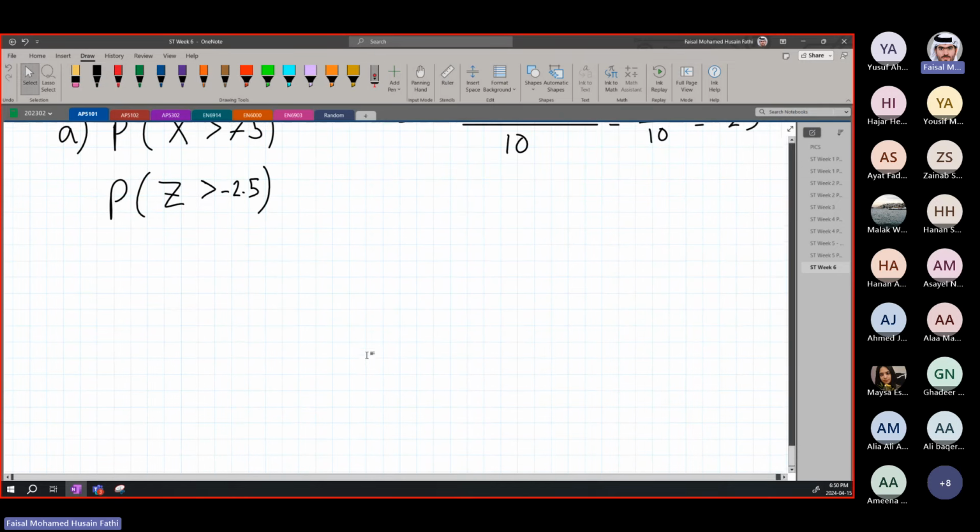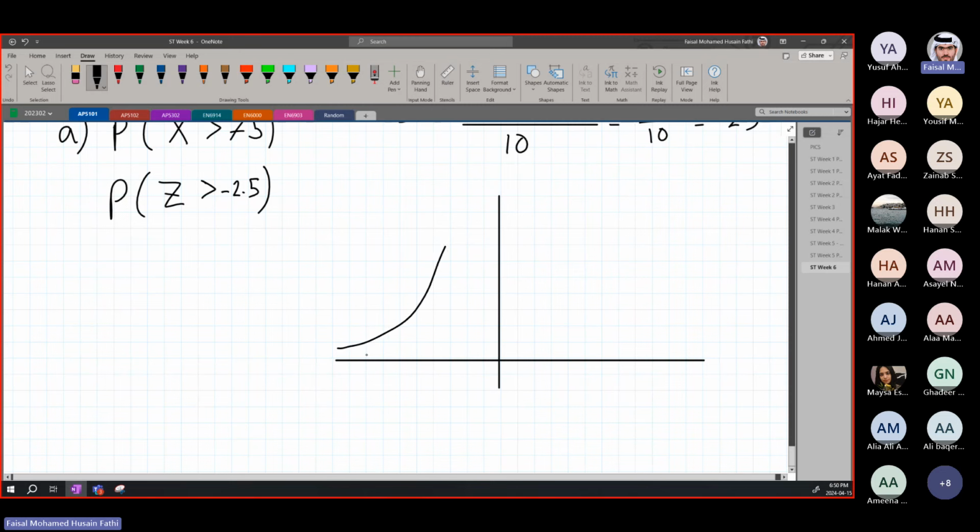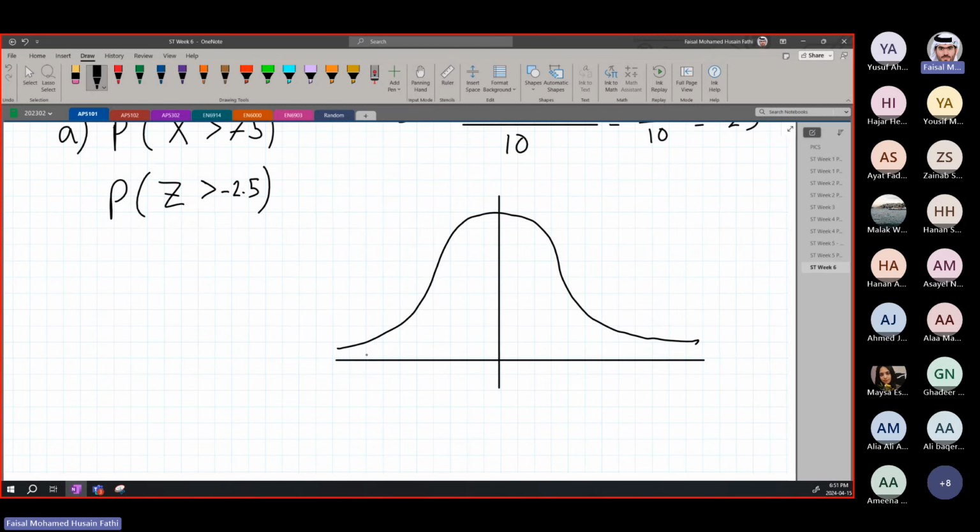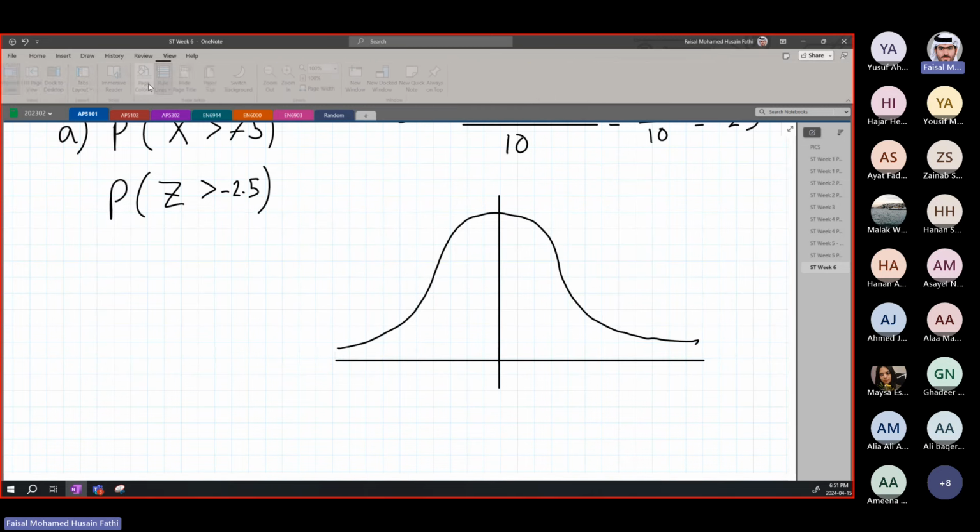Remember, how do we find the probability of a normal distribution? We have a graph, and we have values over here. I'm going to try my best to draw it as neatly as I can. We have the values up to 3 usually.